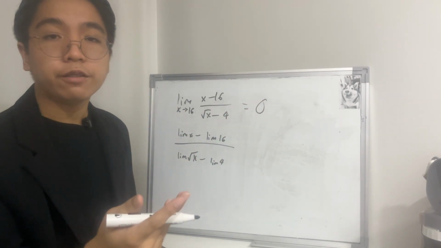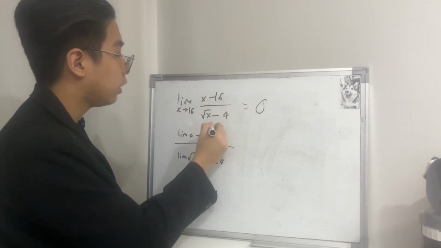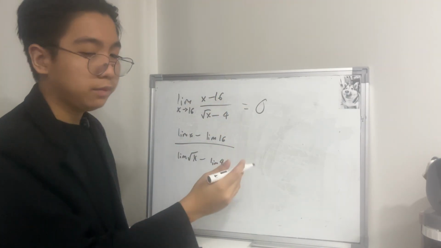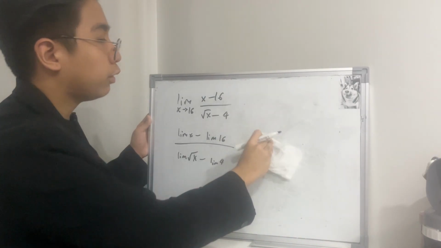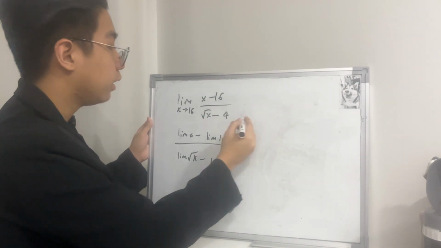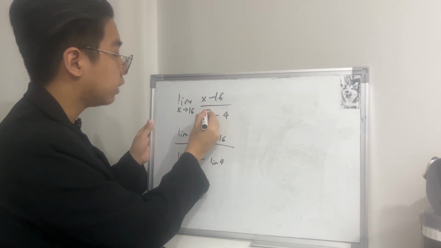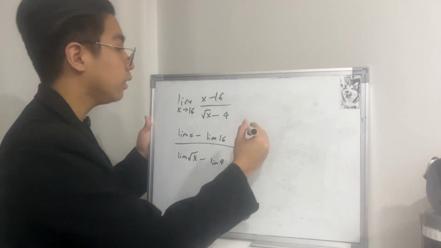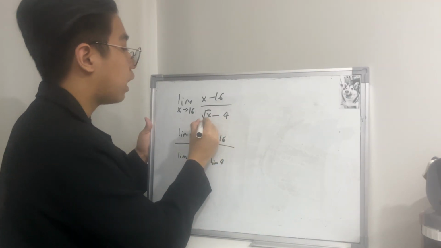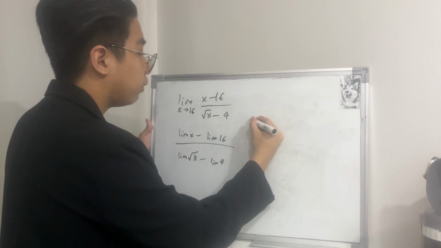But there's another way of solving this, and this is by multiplying this entire fraction by the conjugate. Our conjugate would be the denominator, since in order to solve this, we need to eliminate this radical sign, but with the opposite sign.